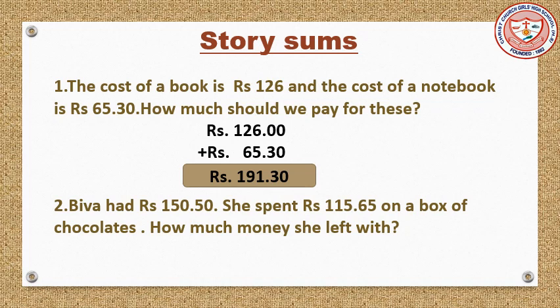You have to write the amounts in two columns, one for rupees and another for paise, and you have to place the points exactly one below another.